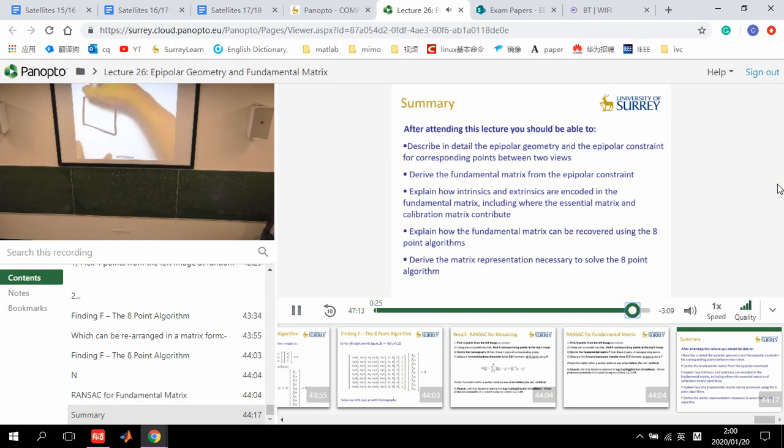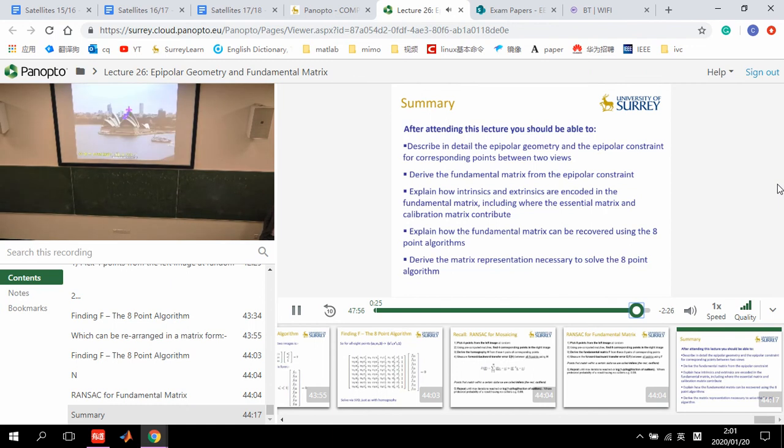Epipolar constraint involves epipolar lines. Multiplying F by x results in vector l prime. It's the epipolar line in the other view passing through x prime. The 3-component vector of homogeneous design. The left and right null spaces of F are the epipoles e prime and e. All of the epipolar lines should pass through these.